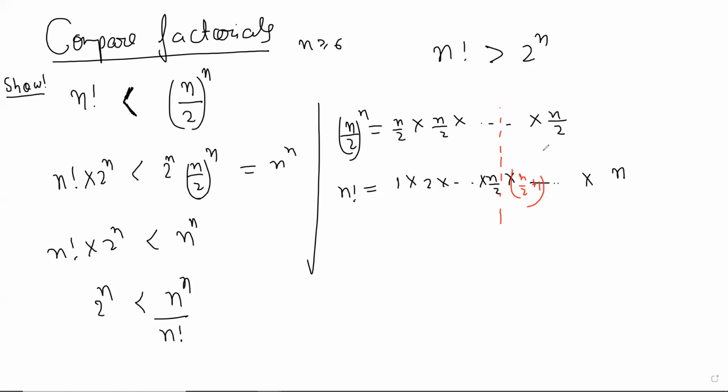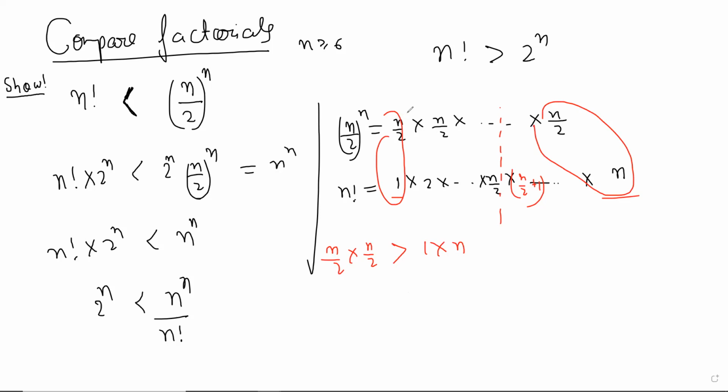So you kind of balance it. How you balance it is, you take 2 of n by 2, and then you ask the question, is this bigger than 1 times n? And then you take this and this. So you multiply and see, right?